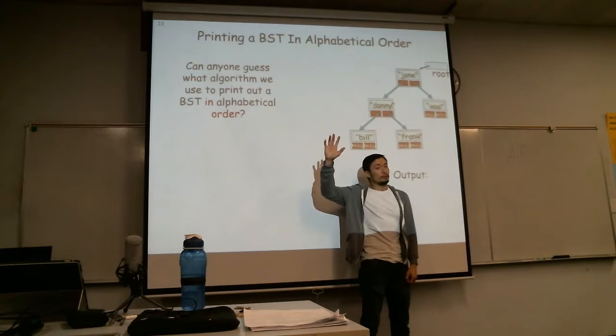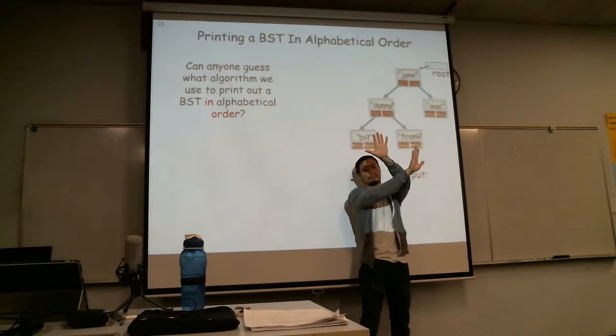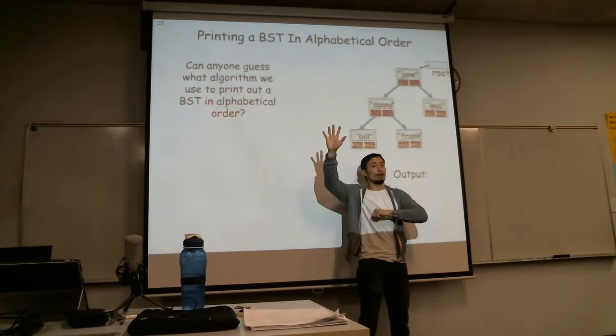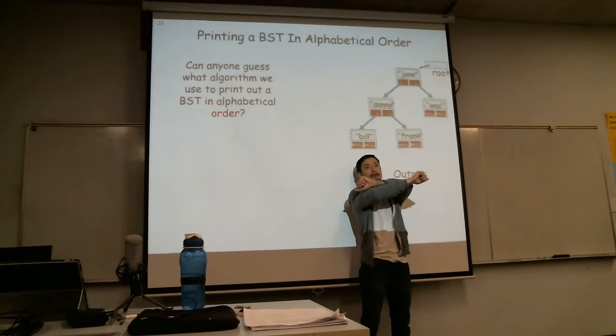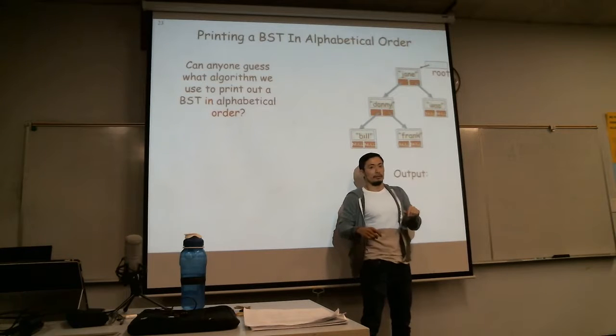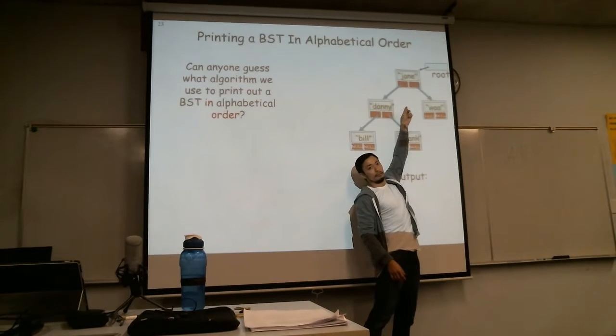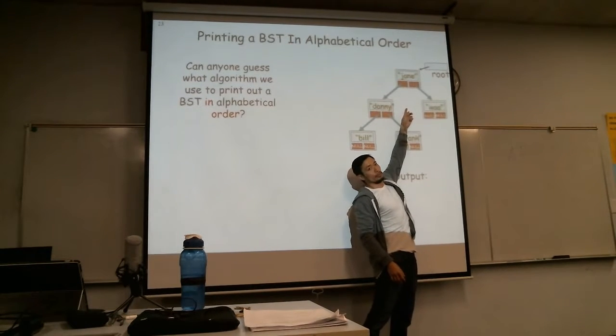Post is print left, print right, then myself. In order traversal, that's right, but pre would be print myself, then my left, then my right. Printing myself in the middle is one way to interpret it.